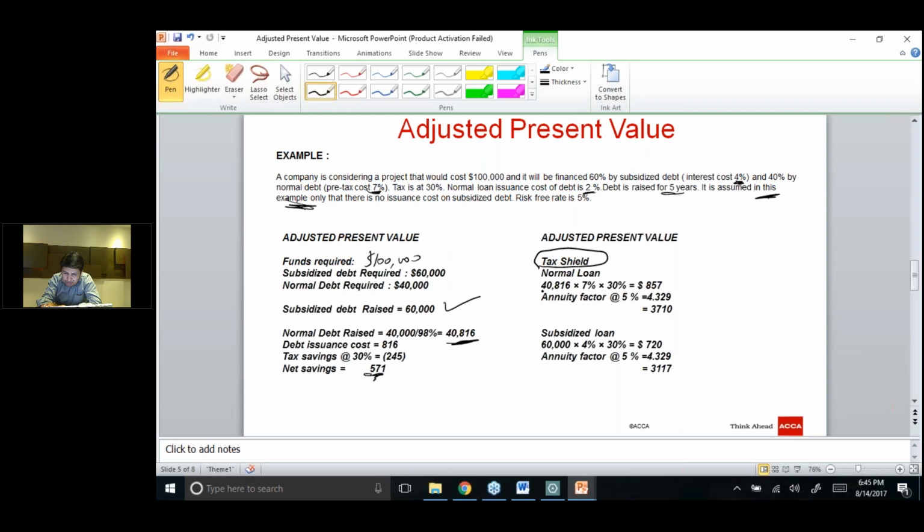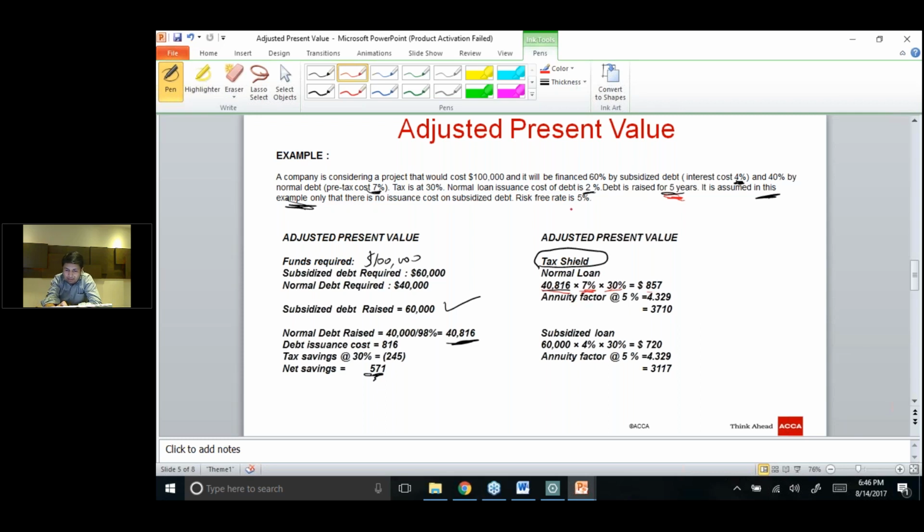So 40,816 is the loan amount, 7% is the interest rate, 30% is the tax rate. So every year for 5 years, we are saving $857 on interest.